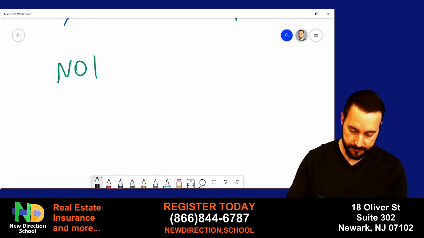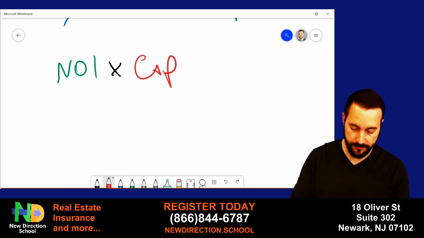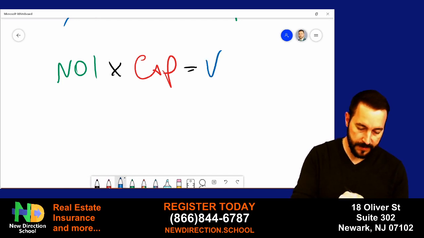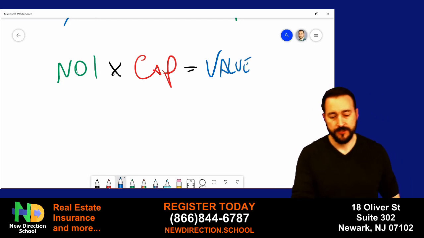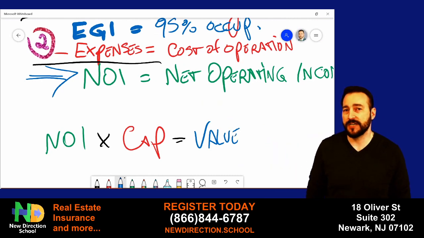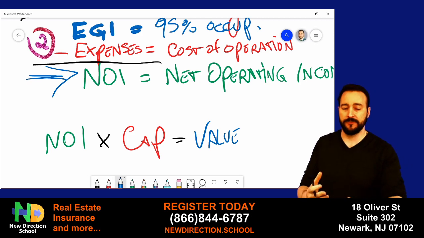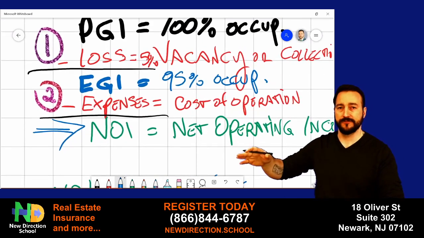NOI times cap, and we'll talk about what cap is in a second, which is a cap rate, equals value. All right? So if they gave you the numbers, we got the NOI. And sometimes in the state exam or school exam, they give you the actual NOI. They don't give you all this stuff, right?